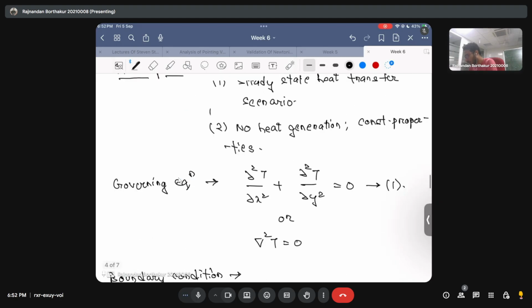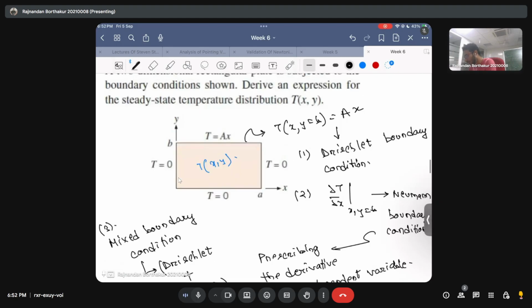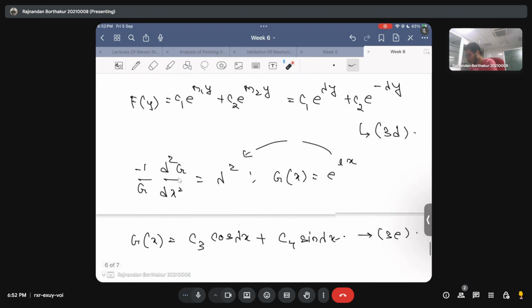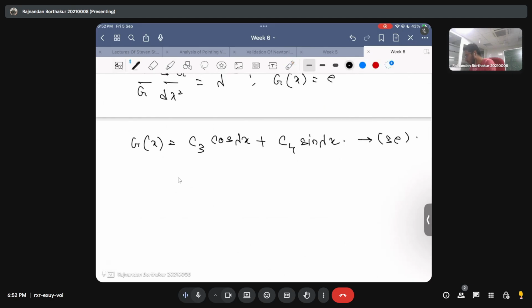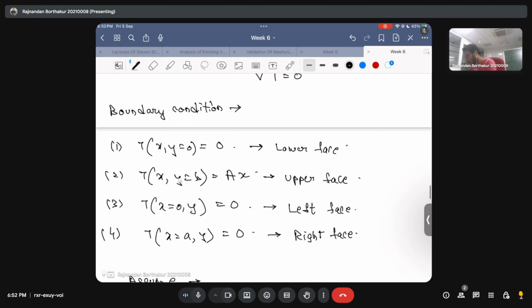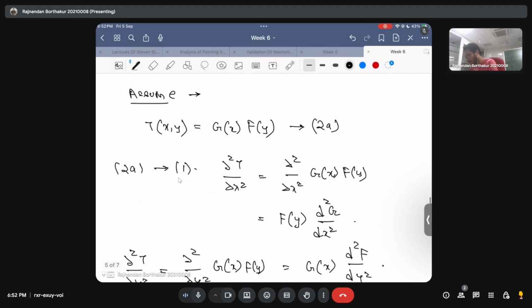So for this, let's use the boundary condition on x that we have. We know that at x equal to 0, we have t equal to 0, and at x equal to a, we have t equal to 0. So let's use this.